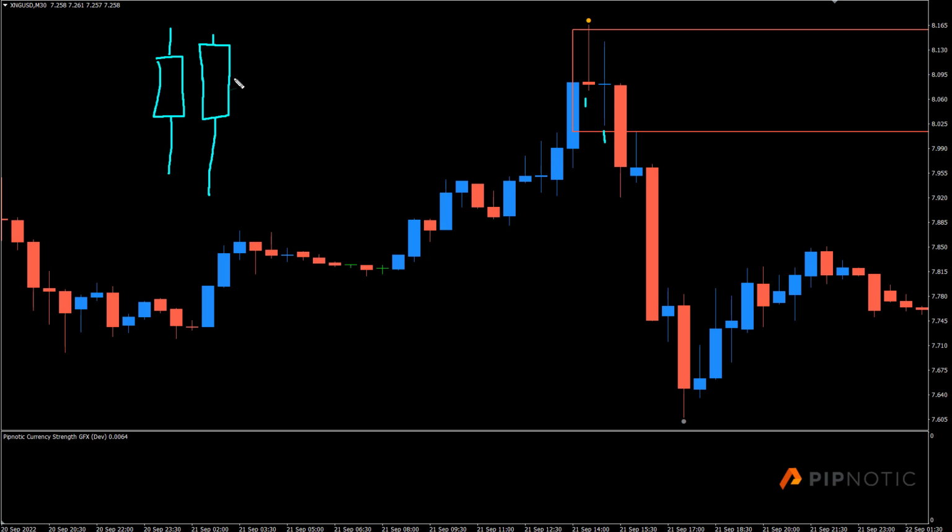You want the body of the following candle, candle number 2 in this pattern, to be within the range of the previous. So you want the body from here to here within the range of the previous candle, from here to here, which it is. If this is the case, then they are in the same family.